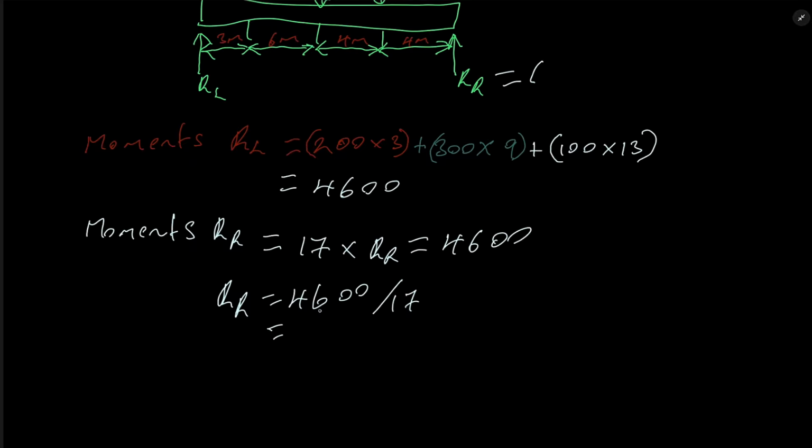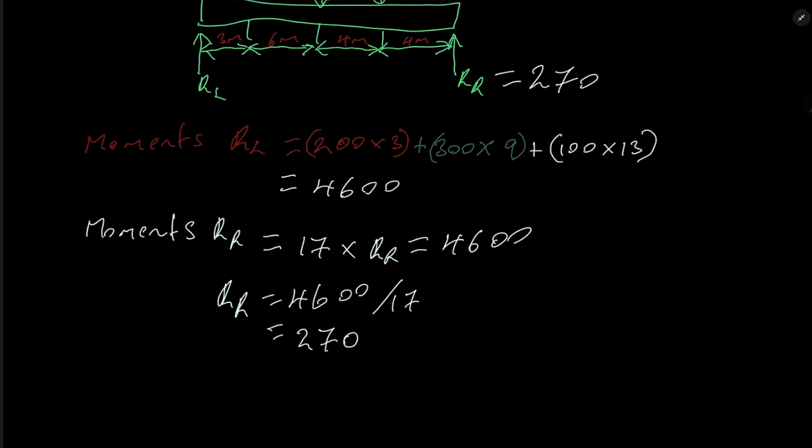When we divide 4,600 by 17, we'll get a value of about 270 units. Now we know that RR is equal to 270.